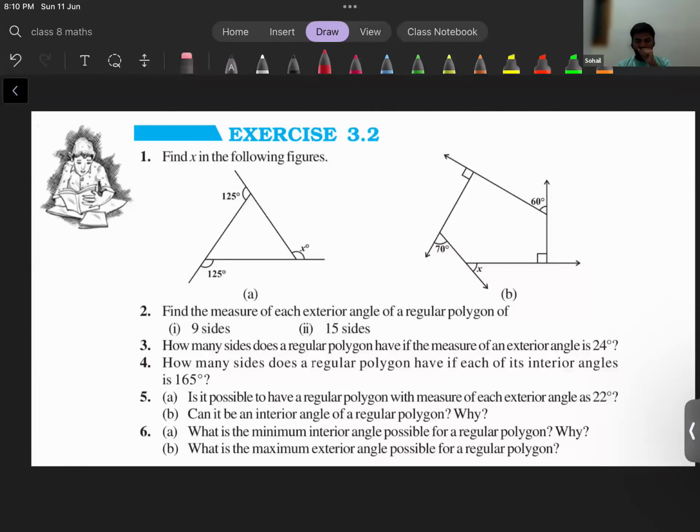Arhan, you have made some mistake in calculation. Try solving it again.